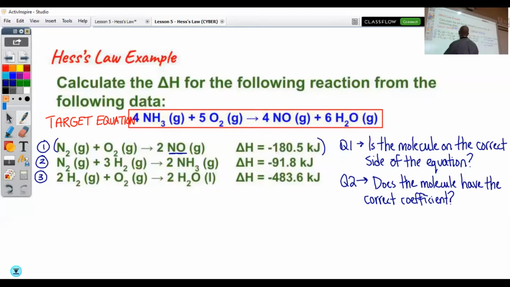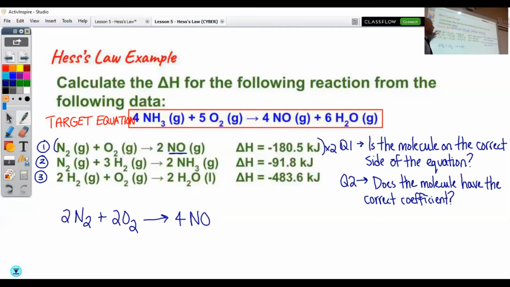So I'm going to rewrite this first equation, but I'm going to multiply everything by 2. So instead of 1 nitrogen, we're going to have 2 nitrogens. Instead of 1 oxygen, we're going to have 2 oxygen. And instead of 2 NOs on the right side, we're going to wind up with 4 NOs, or nitrogen monoxides.